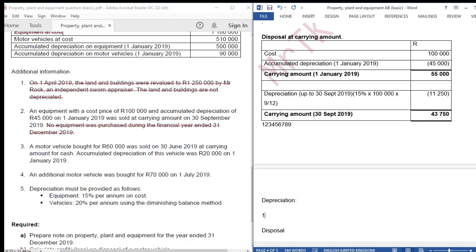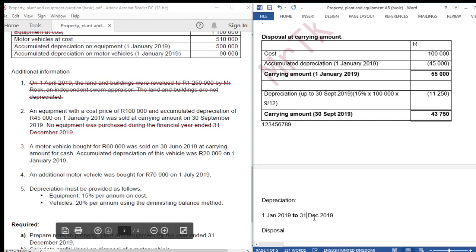Let us write our financial year here, 1 January 2019 to 31 December 2019. All right, so we want depreciation that is between 1 January 2019 and 31 December 2019, which is this, right? 11,250. Disposal goes to 11,250.